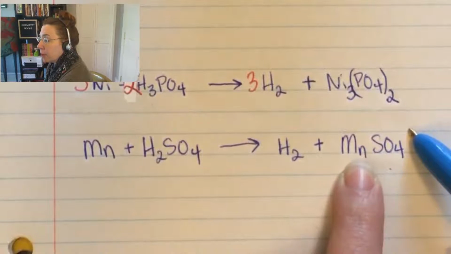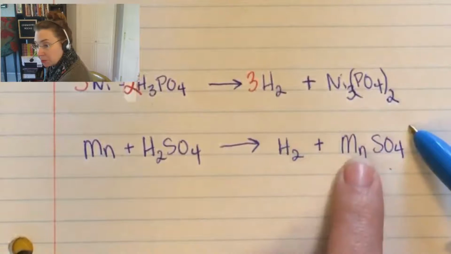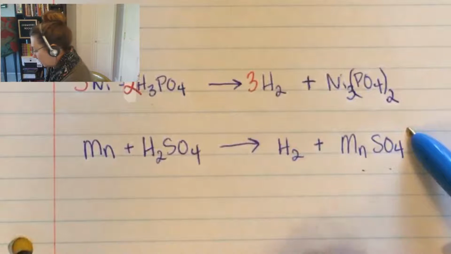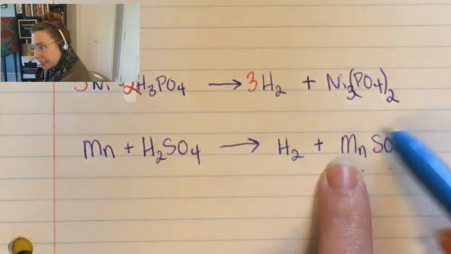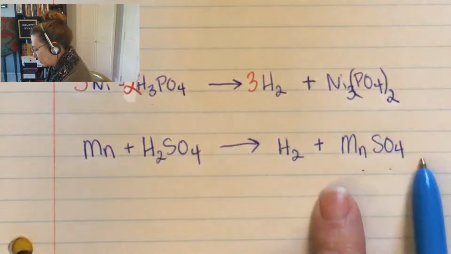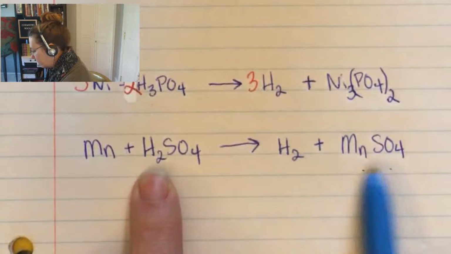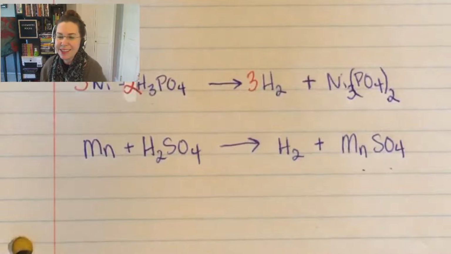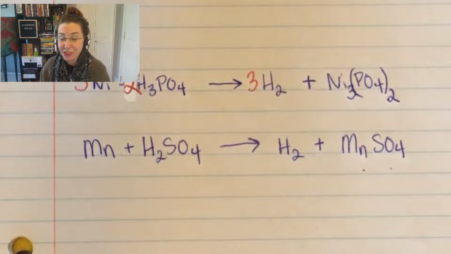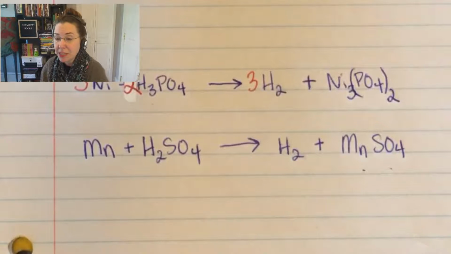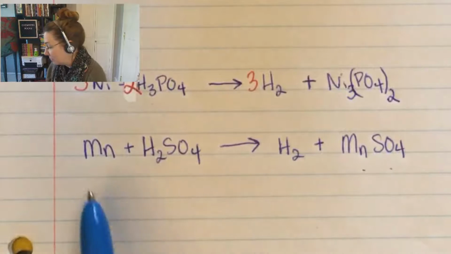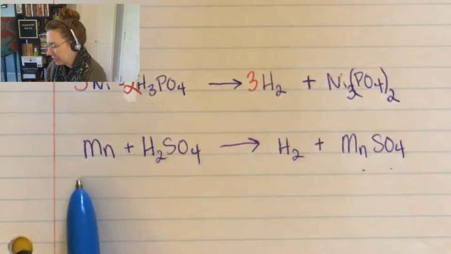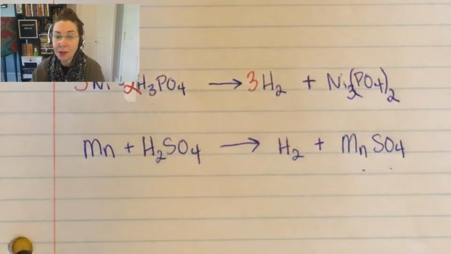I know that from either looking it up on the periodic table for manganese or looking it up on table E for sulfate. So they cancel each other out, so I need no subscripts. All I have to do to balance this is walk away from it because everything works out just fine. It's already balanced because the number of each atom of each element on each side between the reactants and the products are already balanced.